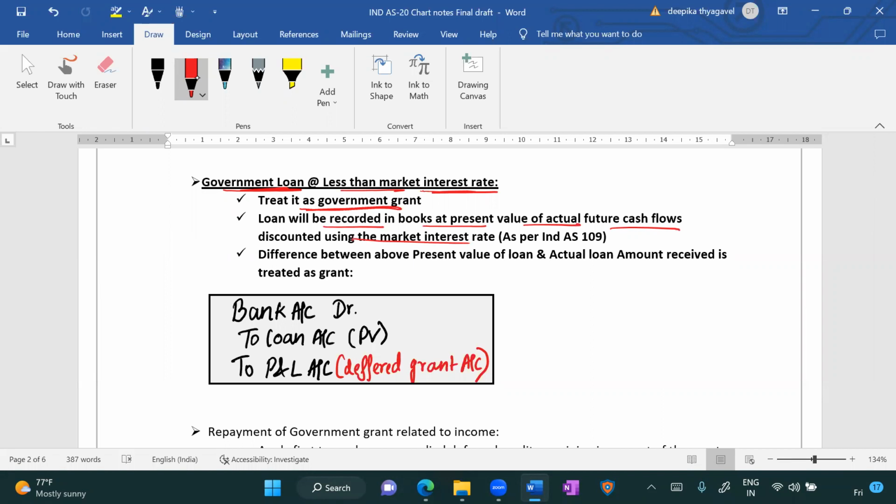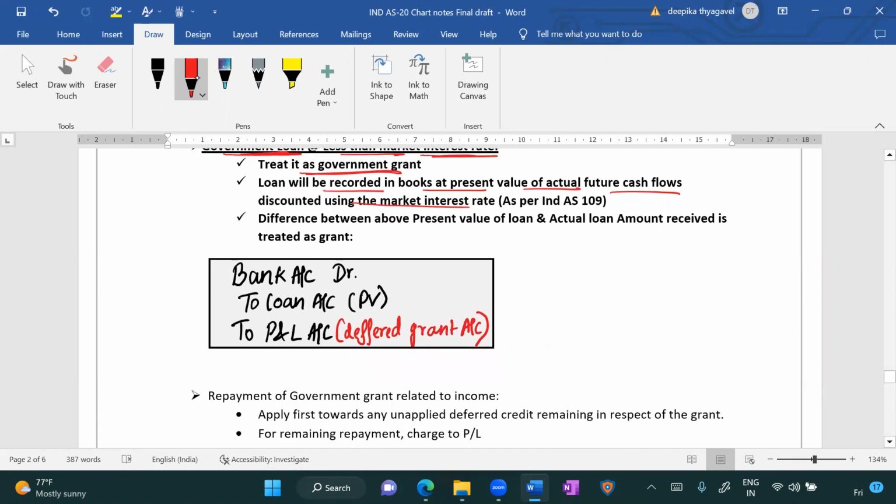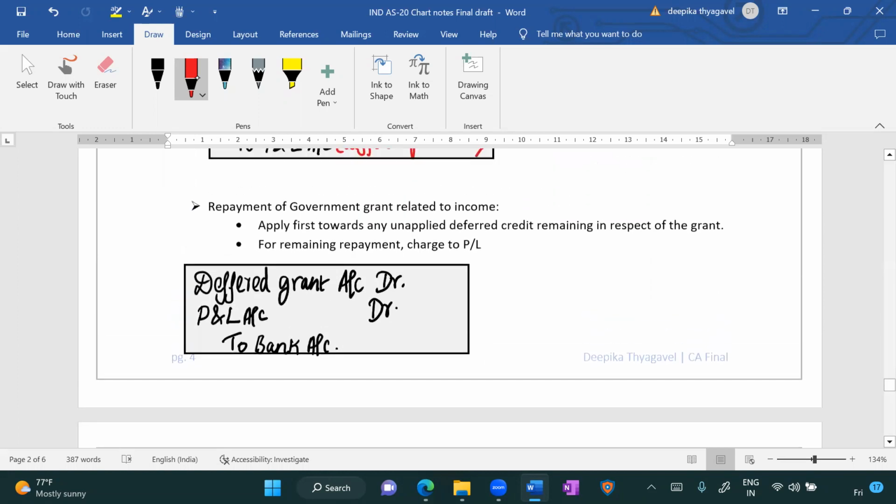The difference between the present value of the loan and the actual loan amount received is treated as your grant.